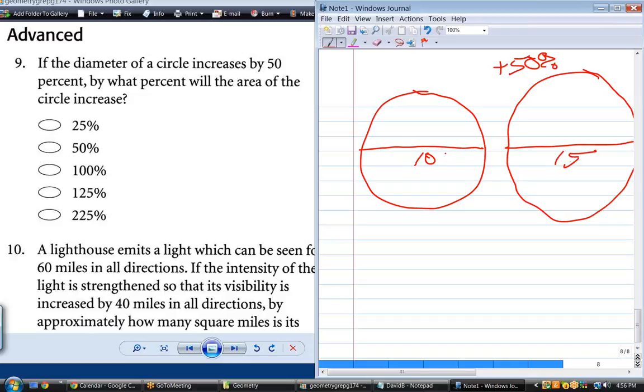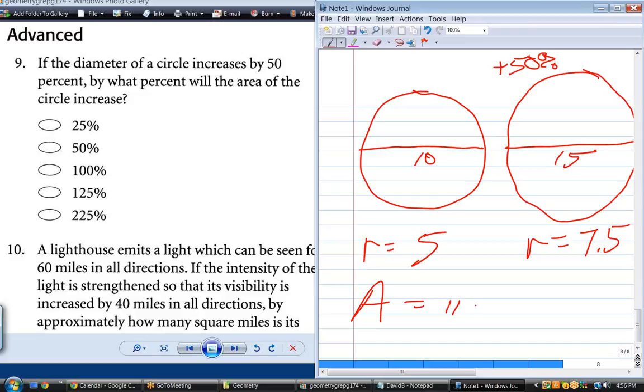So here I have a diameter that's increased by 50%. Well, what's this radius over here? 5. What's this radius? 7.5. So the radius also increases by 50%. Now, what's the area again?